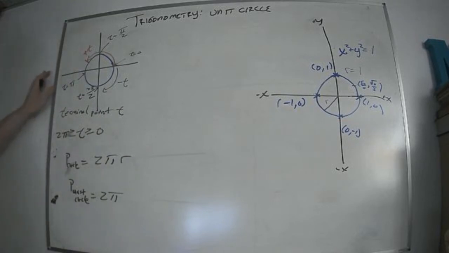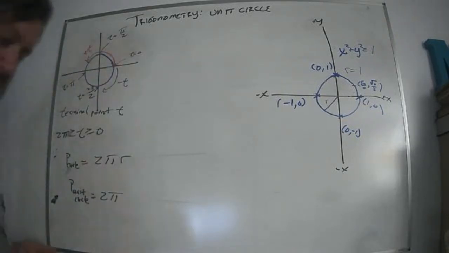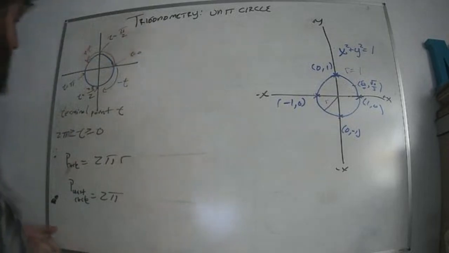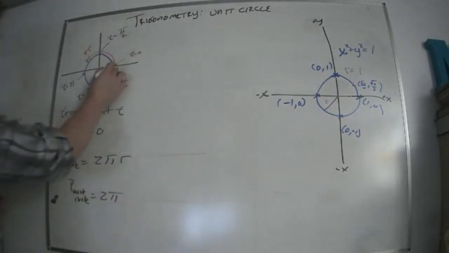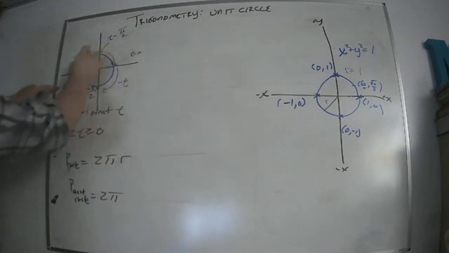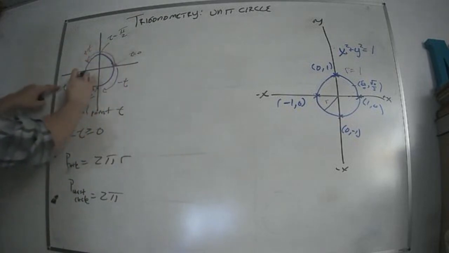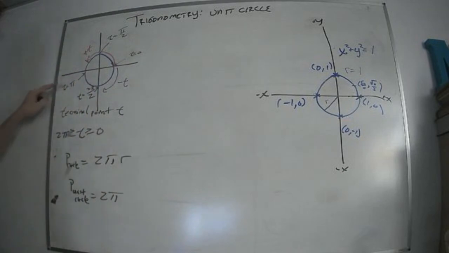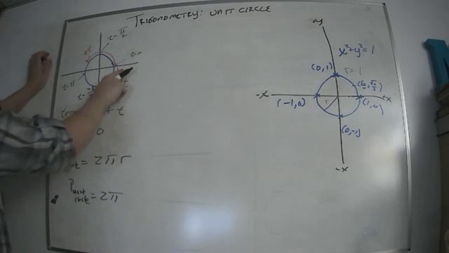Now the key here is, once we do that, we start repeating. So if you look at example 3, it says, where is t equals 3 pi? Well, for t to equal 3 times pi, I would go around once, that's 2 pi, and then another halfway, back to t equals pi. So I know that odd multiples of pi return to the same place, and even multiples of pi return to 0.